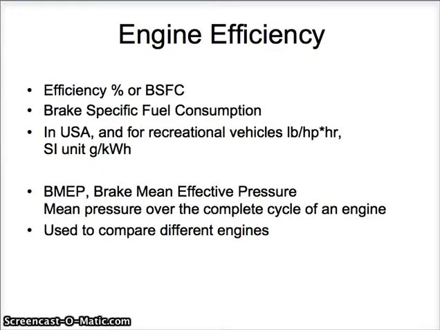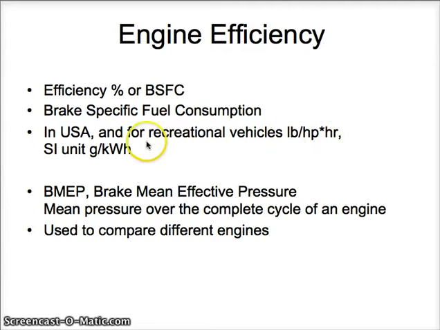Let's talk about engine efficiency. You could either express the engine efficiency in percent or something called BSFC, the brake specific fuel consumption. In the United States and for recreational vehicles, it's very often used the quite strange unit pound per horsepower hour.